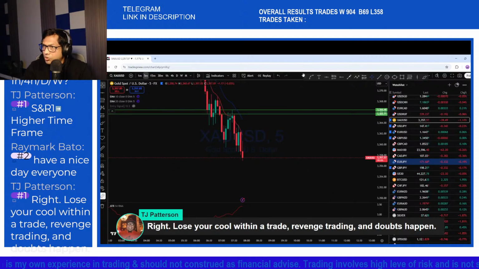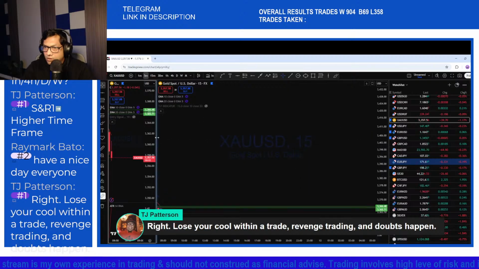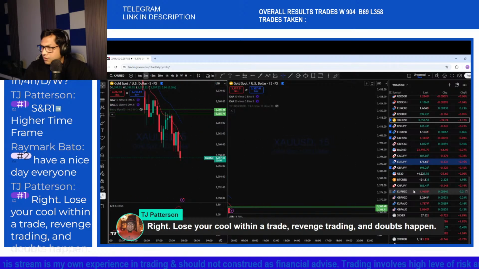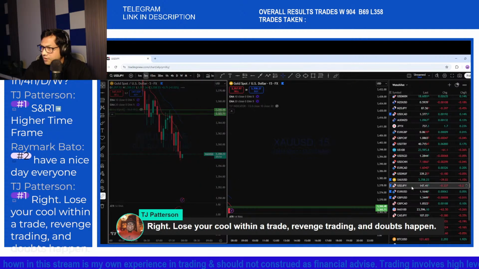Along with Xauusd, we can also look at Gbpjpy and dollar yen.